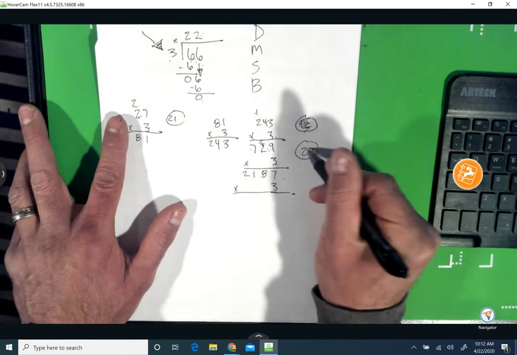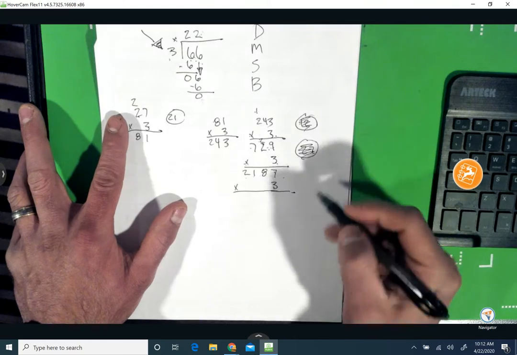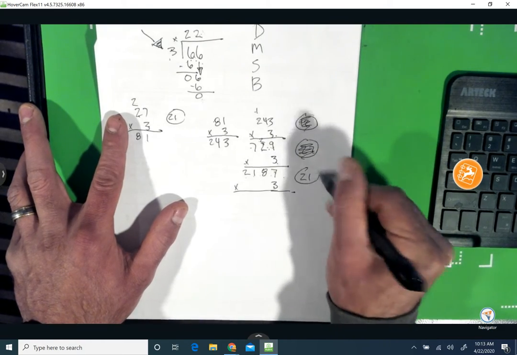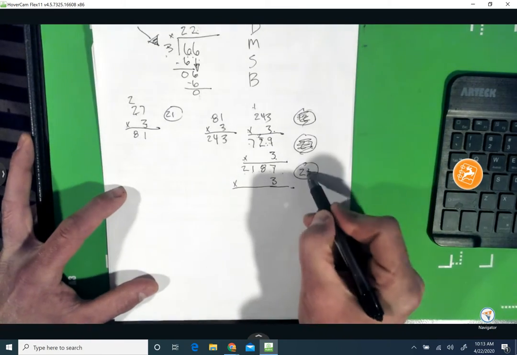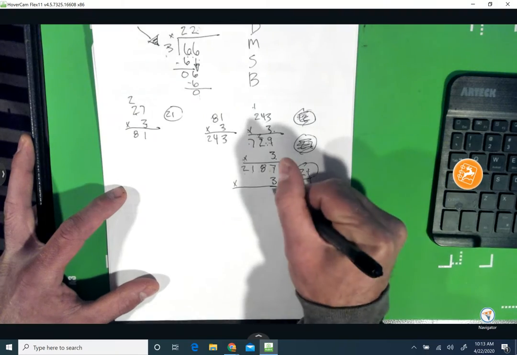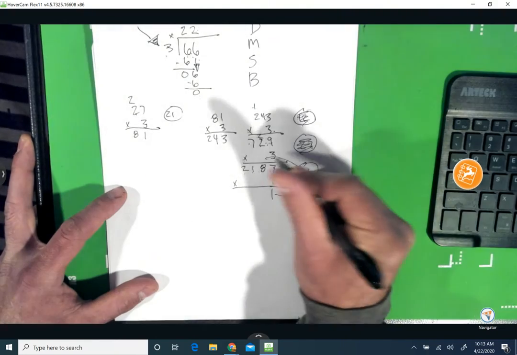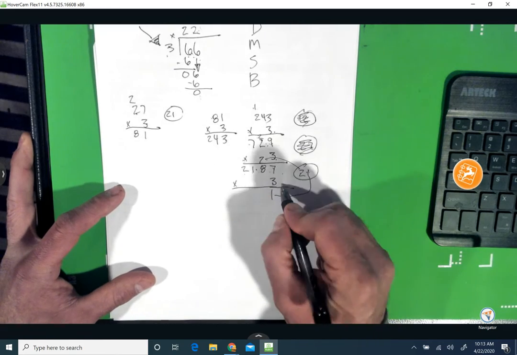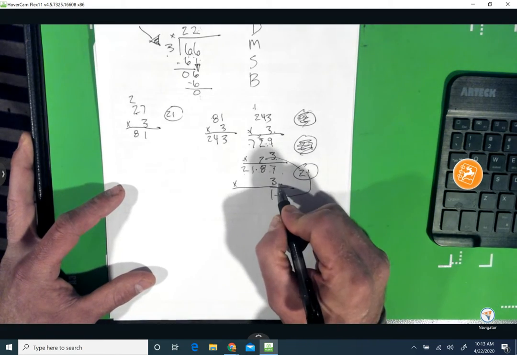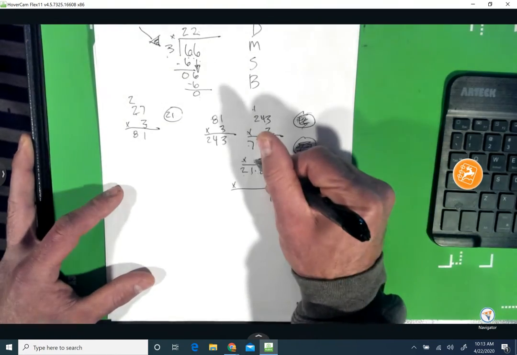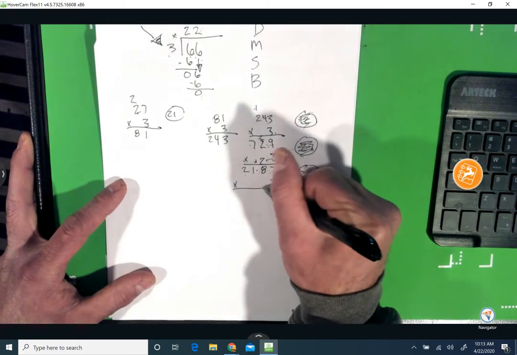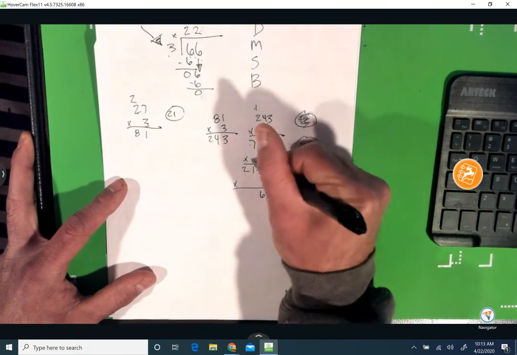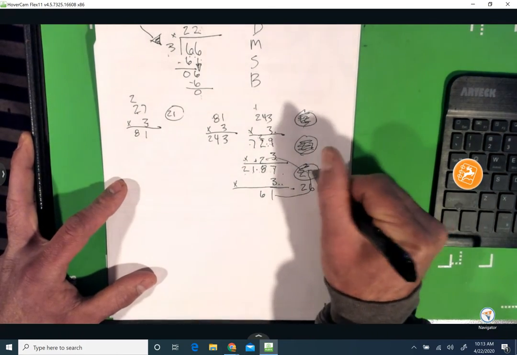Here we go again. 7 times 3 is 21. 2-digit number, put it down, circle it. Got to do something with it. I'm going to put this 1 down, and I'm going to regroup my 2. And once I regroup my 2, I'm going to multiply first. 8 times 3 is 24. Then I will add my 2, and I'll end up with 26. Okay.